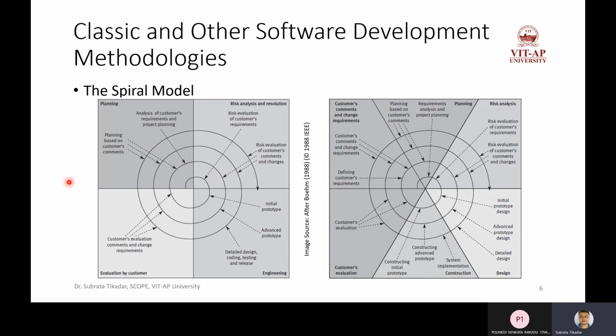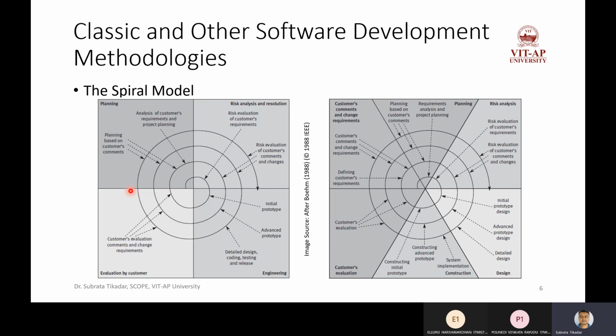So it is not always the case that when you are following a particular development methodology, you always follow one particular model. Not any basic model is followed. They follow a hybrid model.